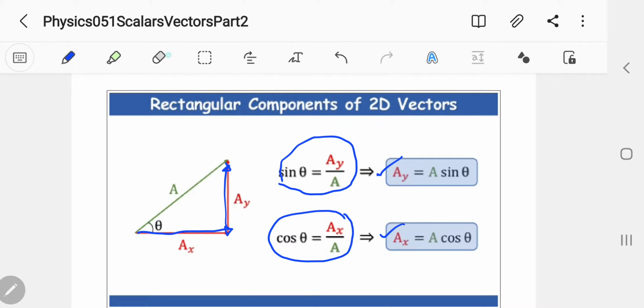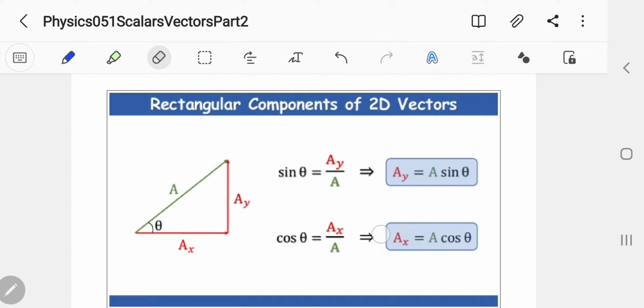By the way, this is a right triangle. So this is just ax square plus ay square is equal to a square by the Pythagorean theorem. If you know that it is a right triangle, then you can automatically use that formula, the Pythagorean theorem.